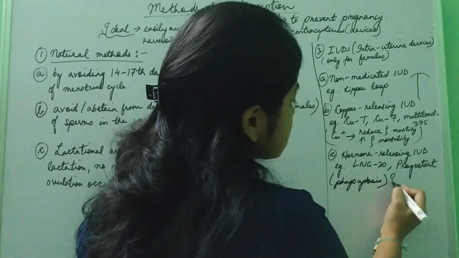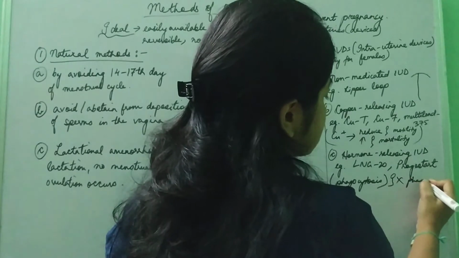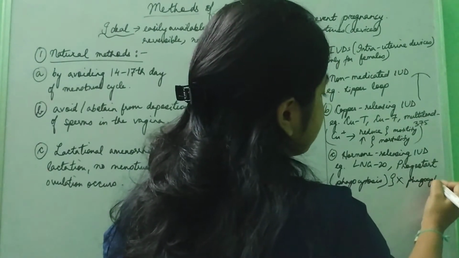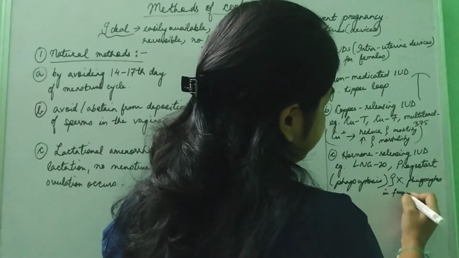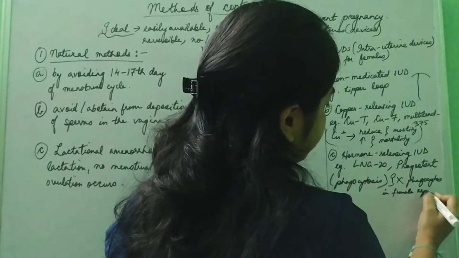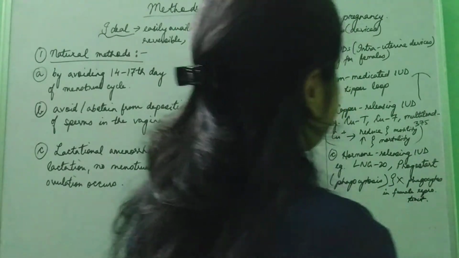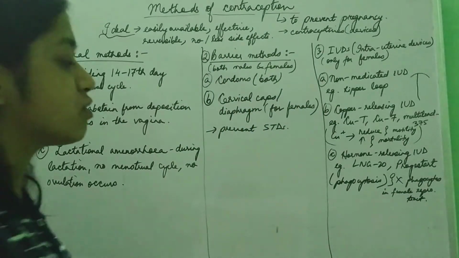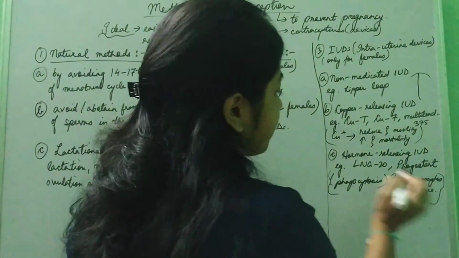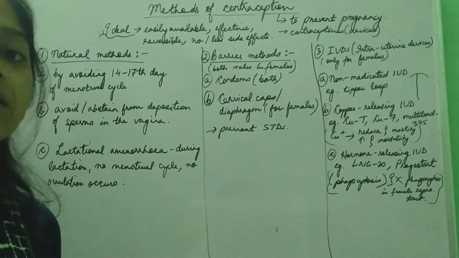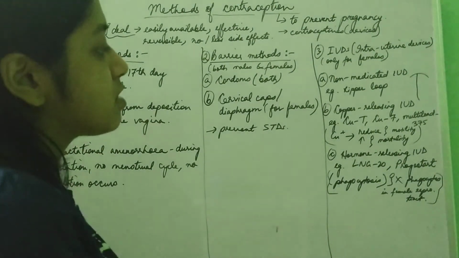Means the sperms are killed by phagocytes in the female reproductive tract. So this is the main motto of these IUDs. Mainly they kill the sperms. Okay, so this is done.